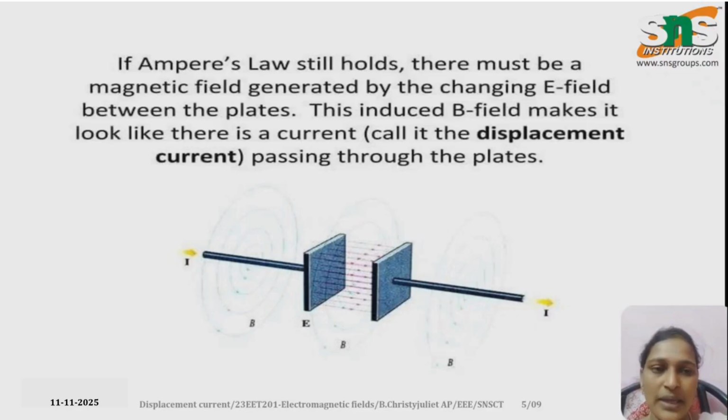There is a gap, a dielectric medium, right? So in that medium, due to the change in electric field between the plates, a magnetic field is induced between the plates, which causes a current flow. And that current is called the displacement current.